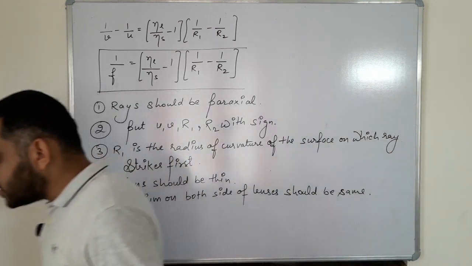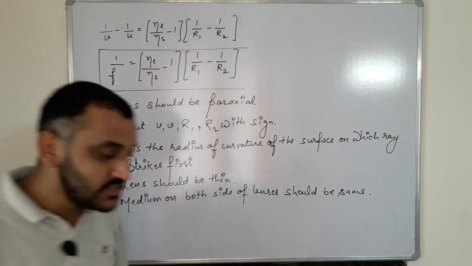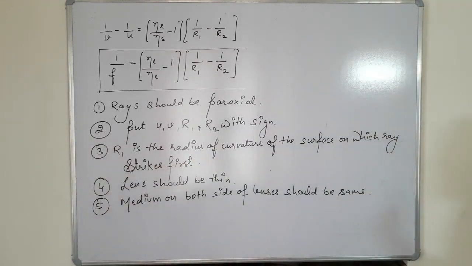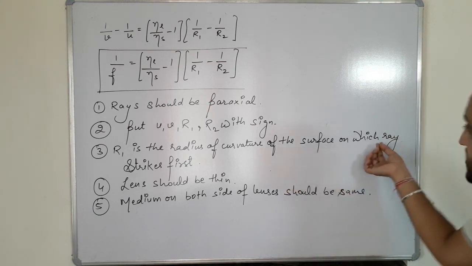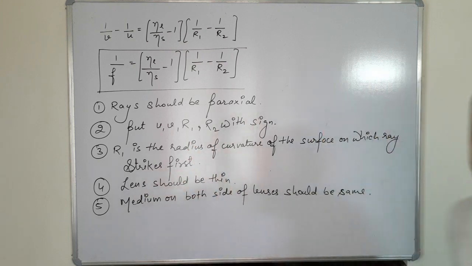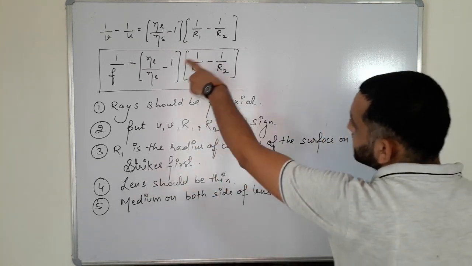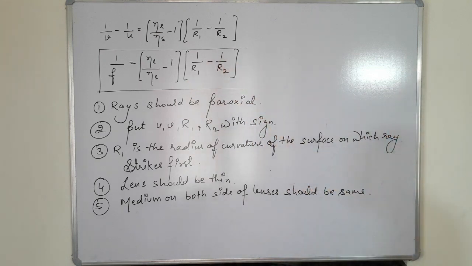The third point is that R1 is the radius of curvature of that surface on which the ray strikes first. Means R1 is the radius of curvature of the surface on which the ray strikes first. Okay, this also keep in mind.